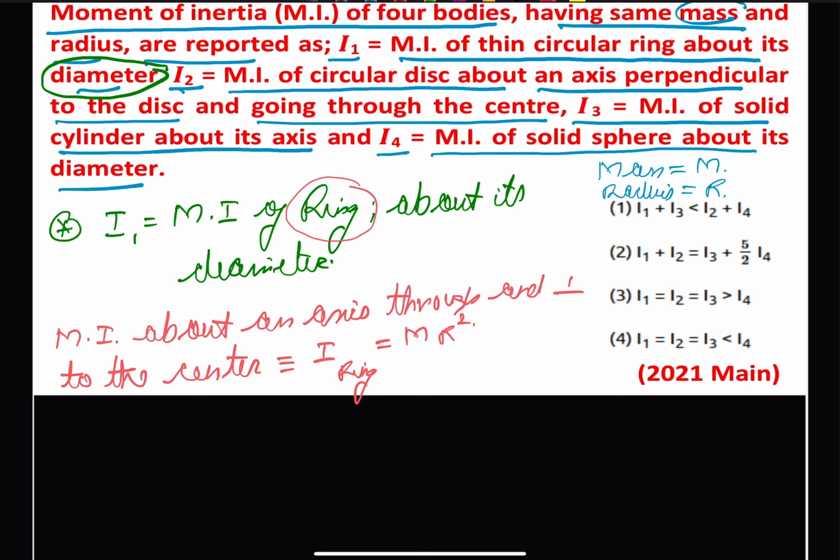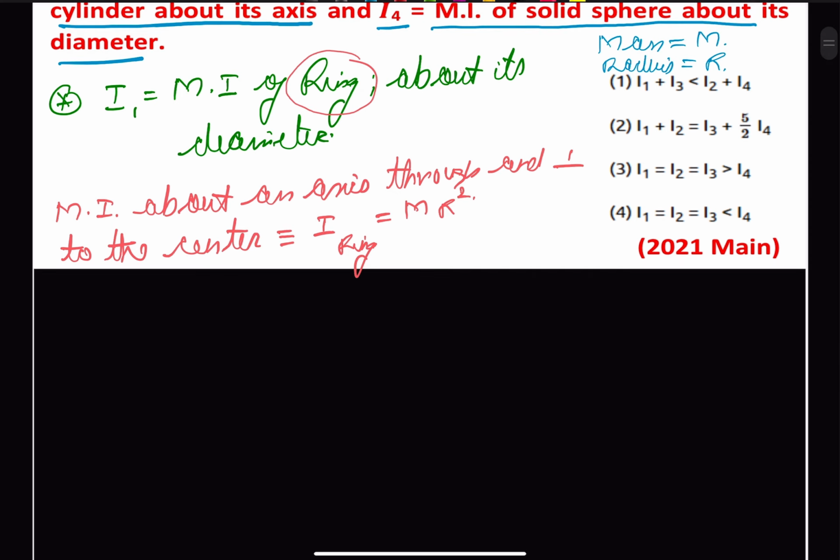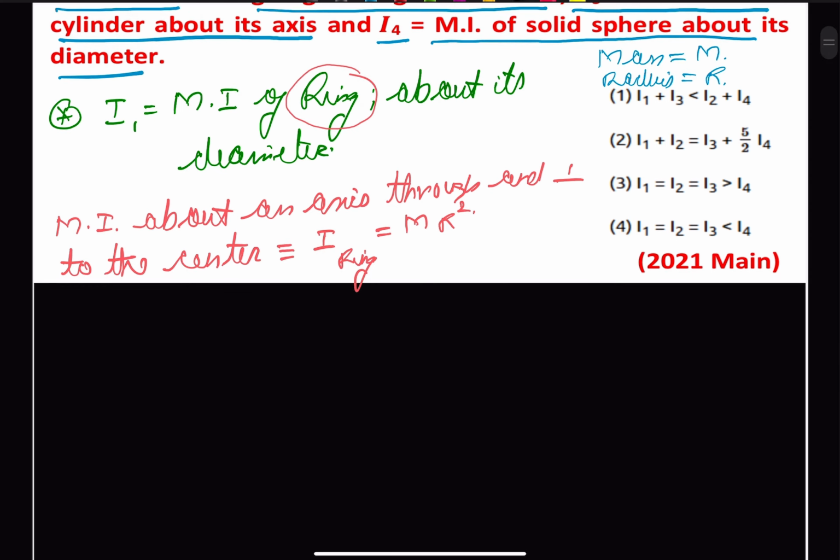Now we can use the perpendicular axis theorem, and for this I ring we can draw an approximate figure. This is our ring, and the axis is passing through the center and is perpendicular to this plane. This is the representation of our moment of inertia, which we are calling I ring.